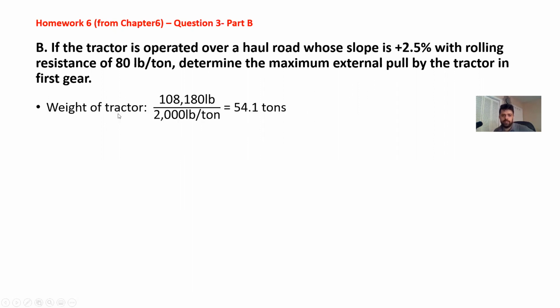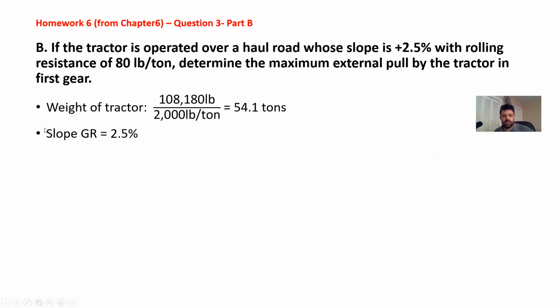So the weight of the tractor should first be converted to tons. You just divide the weight given in pounds by 2,000, and the result is 54 tons. Super heavy equipment.